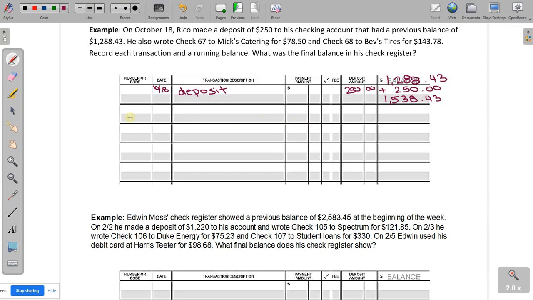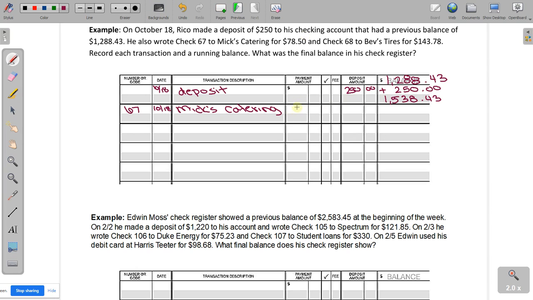Now we're going to use the next line beneath that. So he wrote a check, which was number 67. So check number, and it's on the same date. And it was to Mix Catering for $78.50.